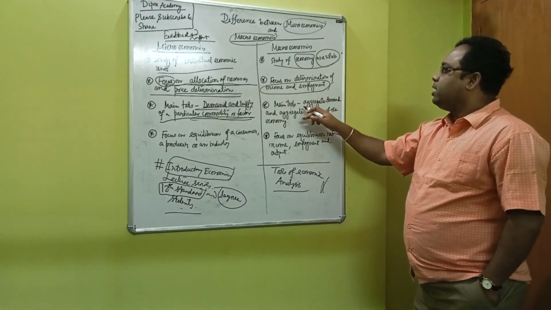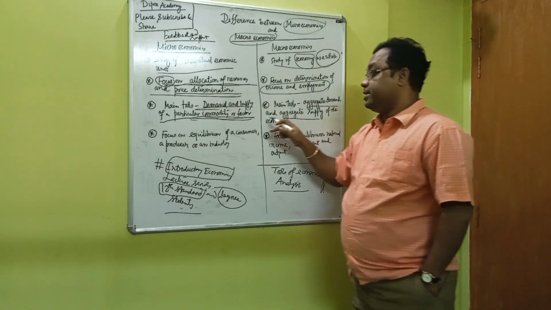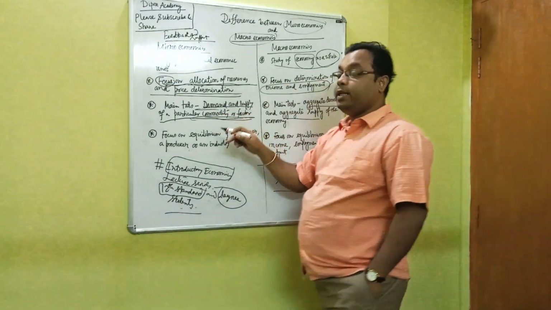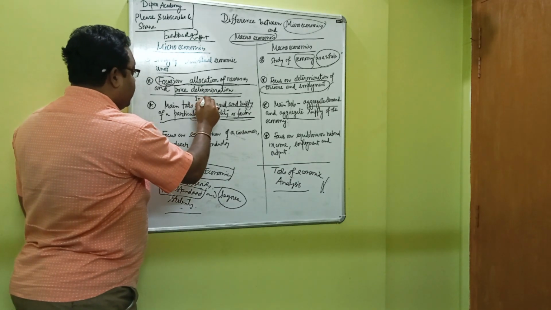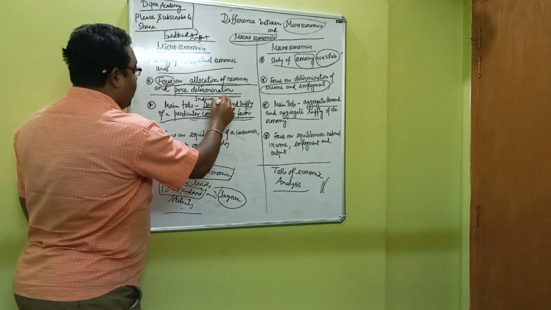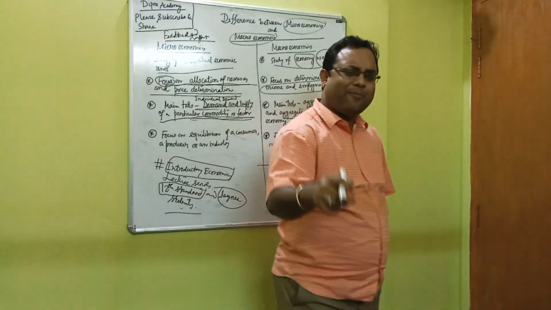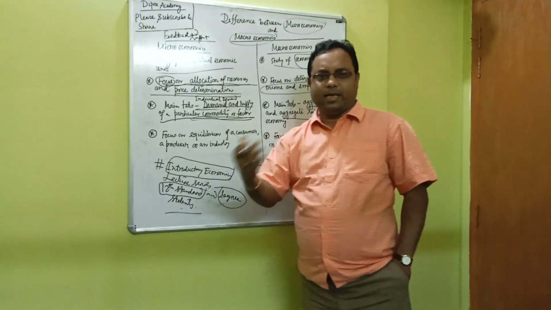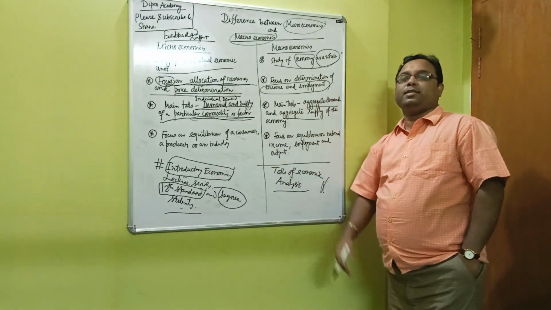Then what are the main tools in macroeconomics? These are aggregate demand and aggregate supply, whereas in microeconomics it is individual demand and individual supply. What is demand and what is supply, we will see in microeconomics when we make lectures on demand and supply analysis.